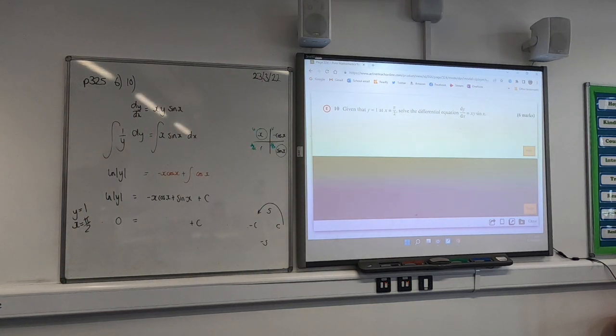I'm going to do this by doing pi over 2 arrow x firstly, to save me having to type pi over 2 lots of times.